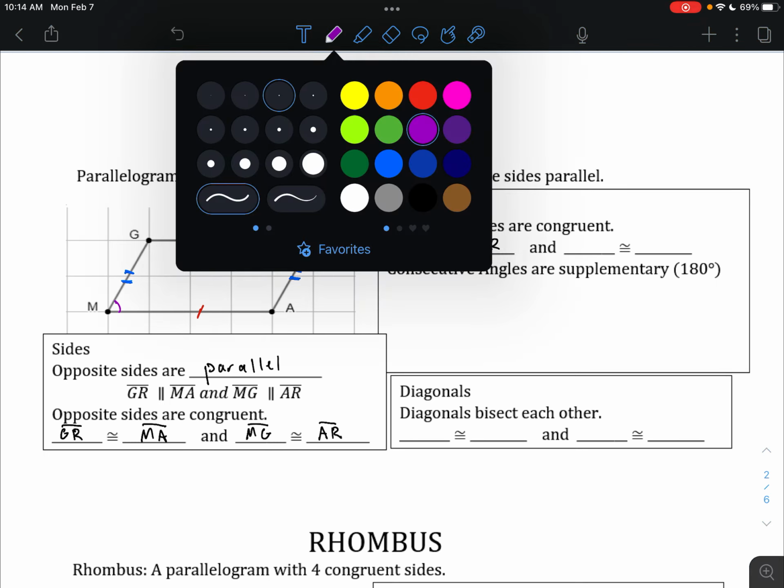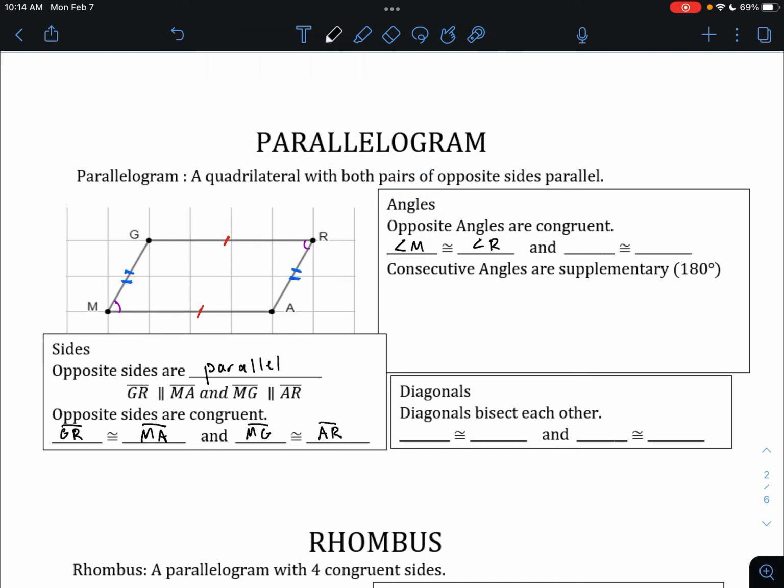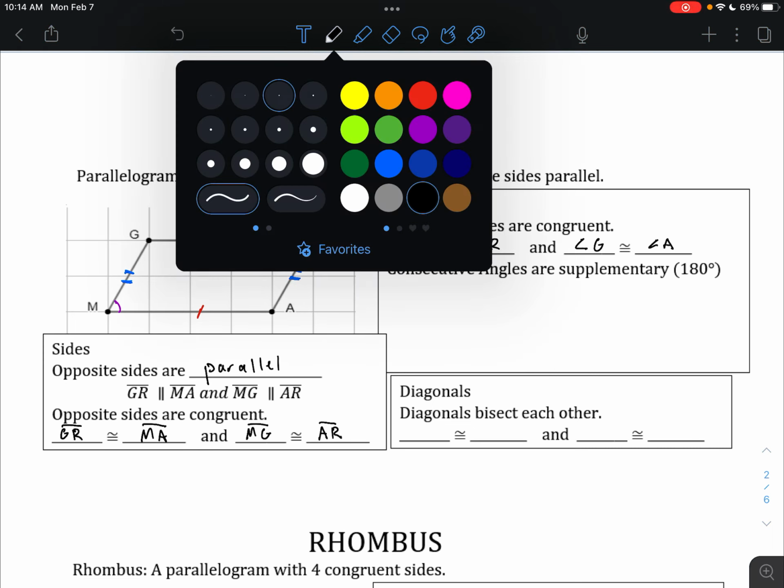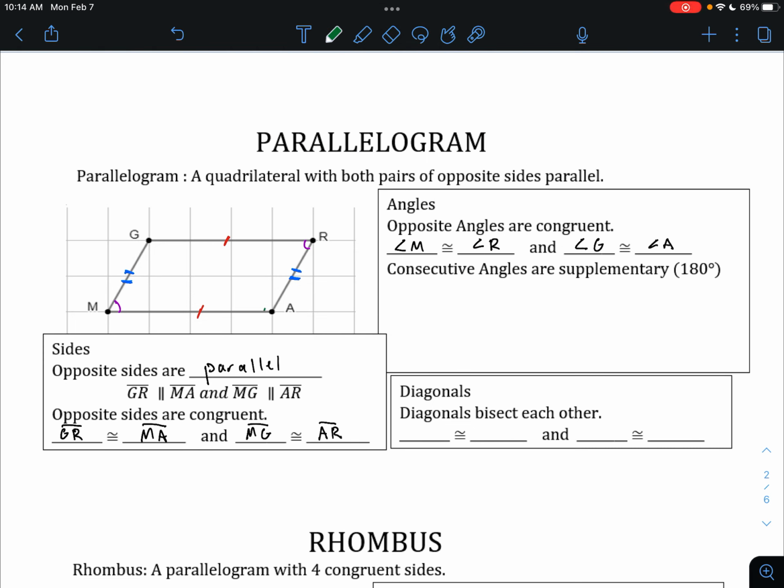Give y'all a second to do that. Okay, so you should have gotten that angle G and angle A are congruent. So I'm going to mark those. A is congruent to G.